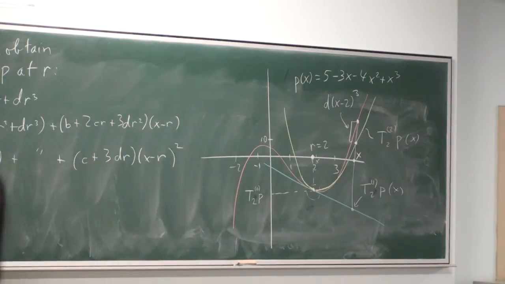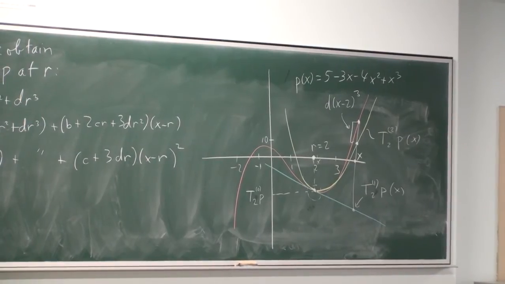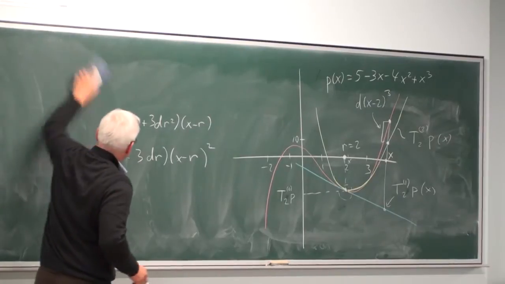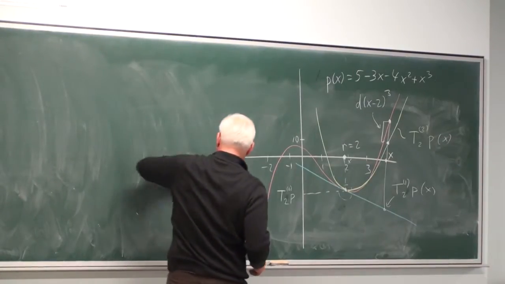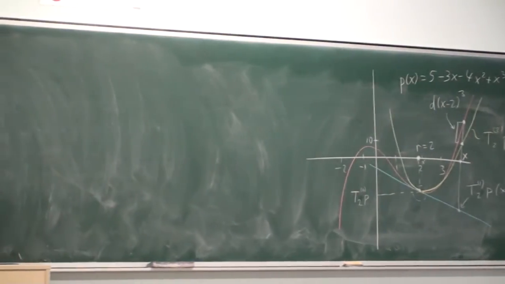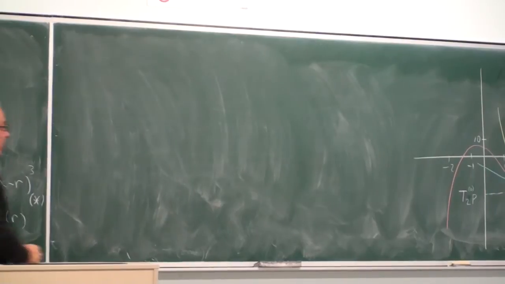Okay, this leads us to a very remarkable, and I think beautiful, observation, which seems to have eluded researchers in calculus for quite a long time. It's only been discovered in the last 10 years or so, as far as I can see.